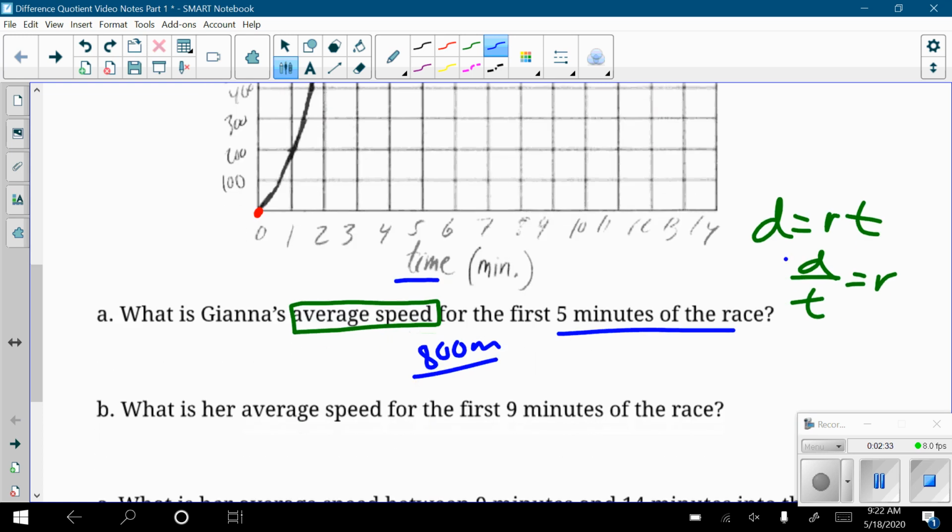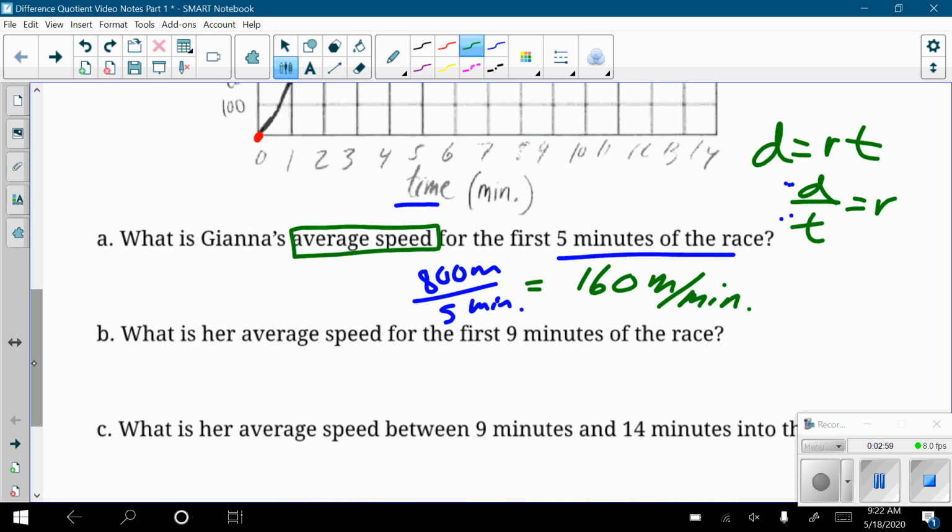So we're doing our distance divided by our time. We can type that in our calculators or just use our brain. My brain isn't working as well as it used to since this e-learning stuff, so I use my calculator. It's kind of sad. Anyway, we get 160, and our units here, because we're talking about a speed, are meters per minute. So that was her speed for the first 5 minutes of the race.